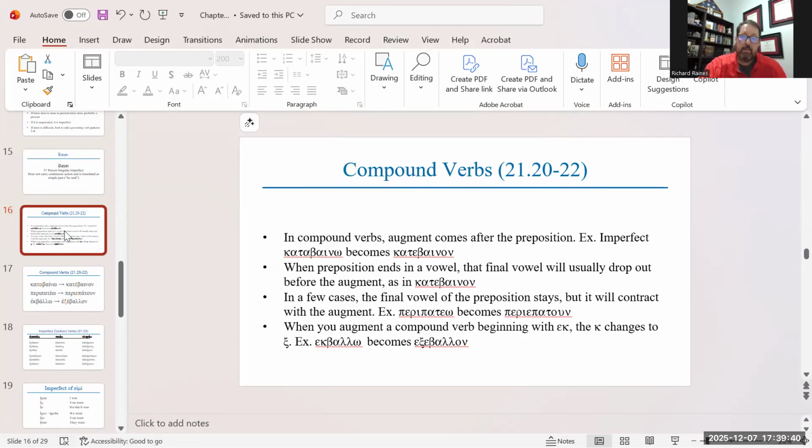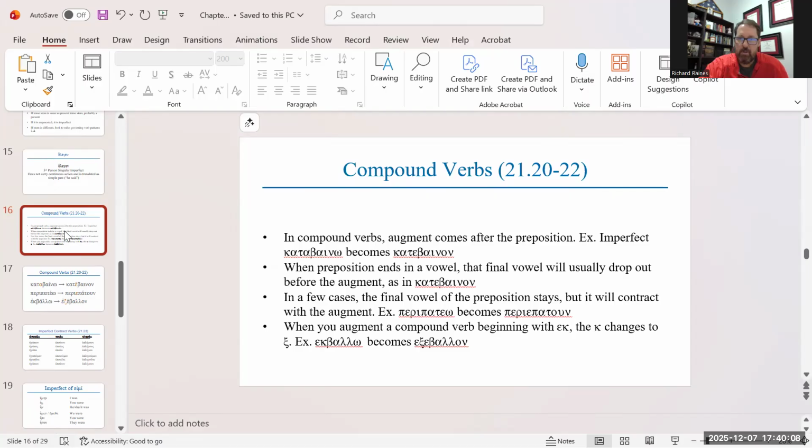Look what happens. The alpha drops because kat ends with a consonant. It's an epsilon augment, and then you have the form of the imperfect. So just know that the augment is going to come after the preposition.